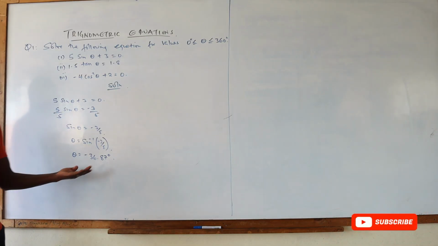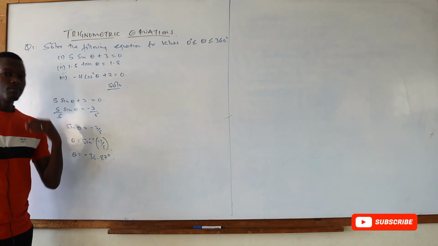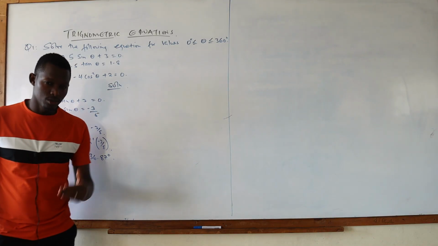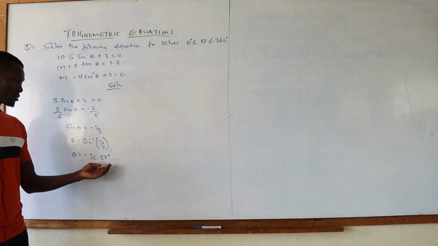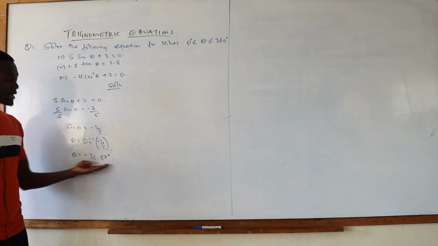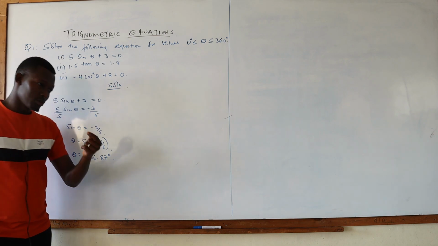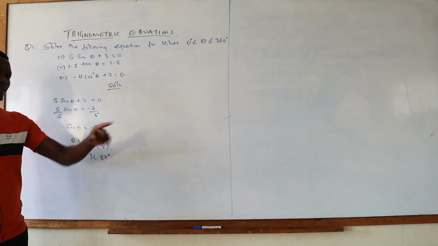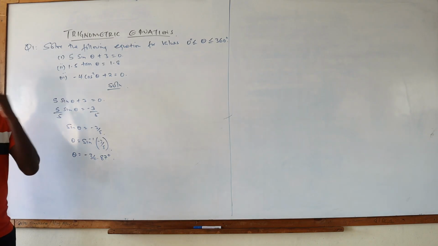Now, what happens here? This is a very interesting concept that you need to understand. Anytime you get your value as a negative, remember, you'll always get an acute angle. Are we together? So when you get your acute angle being negative, this just tells you that your sine is in the quadrant where sine is negative.